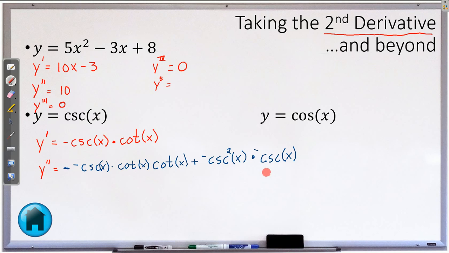All right, so we've got a lot to take a look at here. First, let's get some negatives in order. Two negatives make a positive there, and these two negatives make a positive there. Cotangent times cotangent is cotangent squared, still with the cosecant in the front, plus, it looks like, cosecant squared times cosecant, which is cosecant cubed.